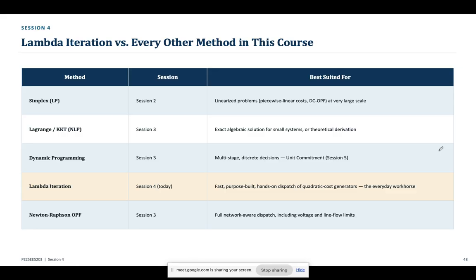Understanding the problem matters because choosing the solver is itself an important engineering skill. See, lambda iteration is particularly suited to smooth quadratic cost economic dispatch. More general EMS and market implementations may use other numerical optimization methods when additional constraints are present.